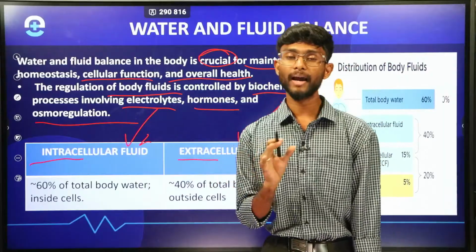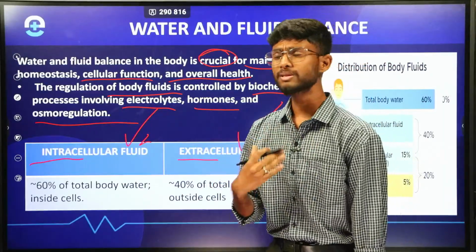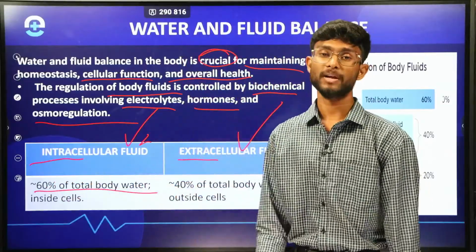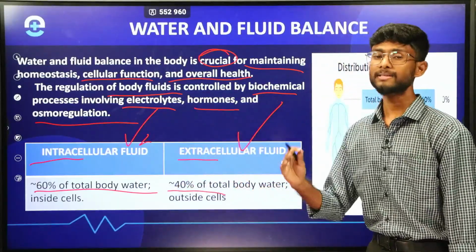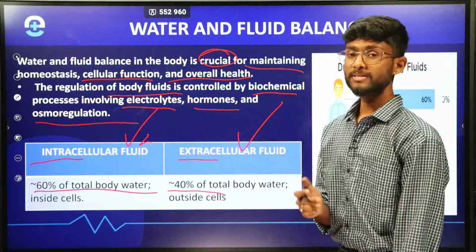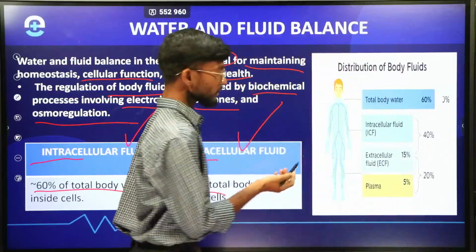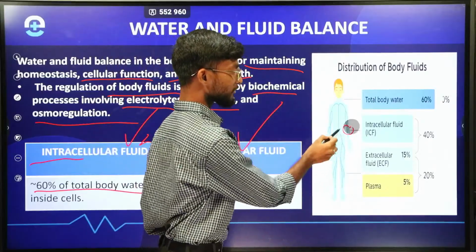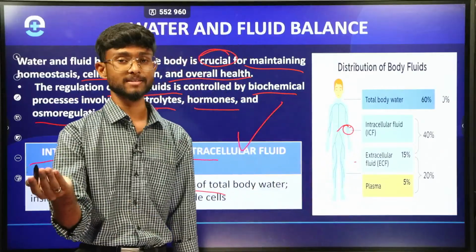So approximately 60% of the total body water is present inside the cell, and approximately 40% of total body water is present outside the cell. For example, this is the human body, where this is intracellular fluid, that is ICF, and the ECF, that is extracellular fluid.